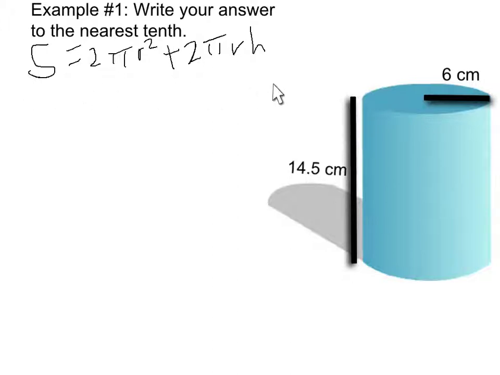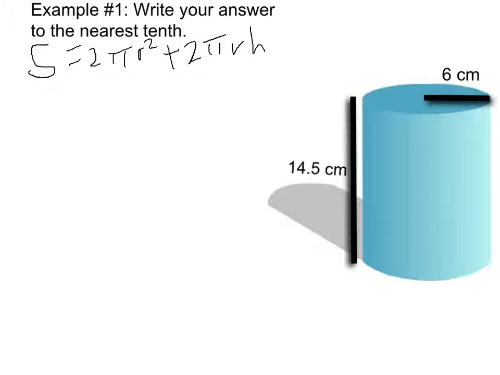You can see we already have the formula. Now you can see it's a cylinder with a radius of 6 centimeters and a height of 14.5 centimeters.